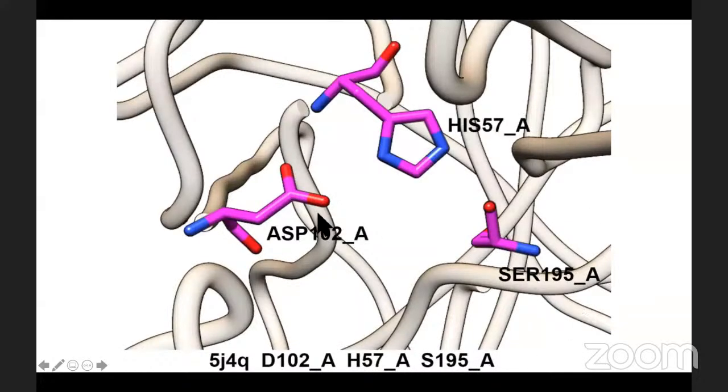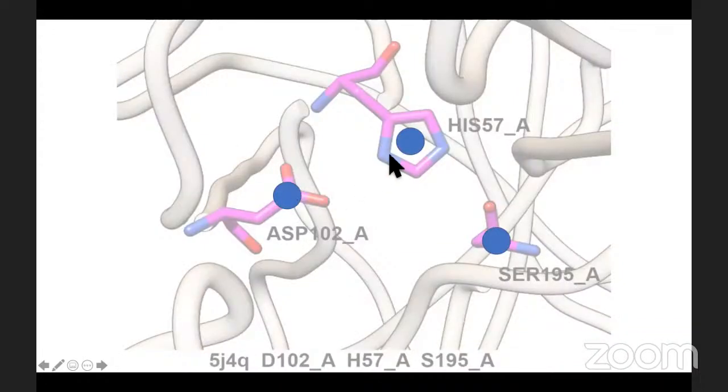So here we see the three residues, and let's put dots here. And by putting these dots here, we can see that perhaps these amino acid side chains can be the nodes of a graph. And perhaps the distance between them can be the edges of a graph.